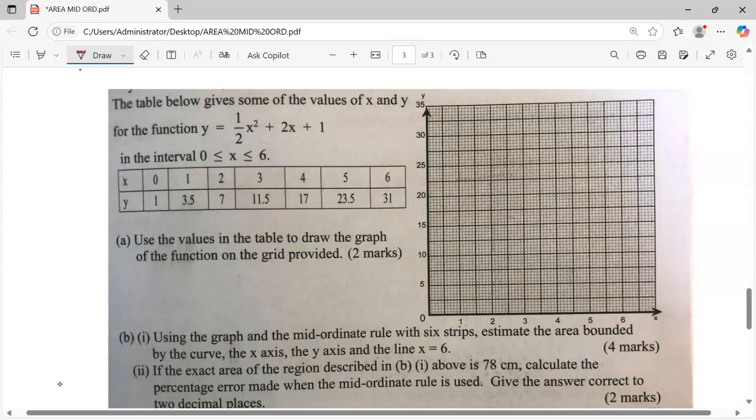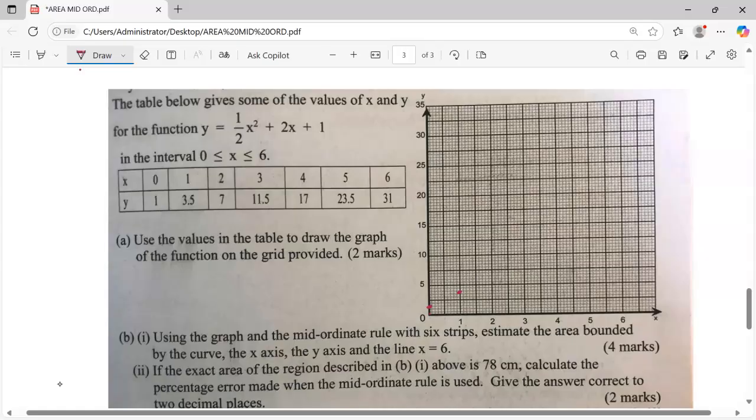We can see when the value of x is 0, the value of y is 1. 1 is at this point here. And when the value of x is 1, y is 3.5. 3.5 is around this point here.